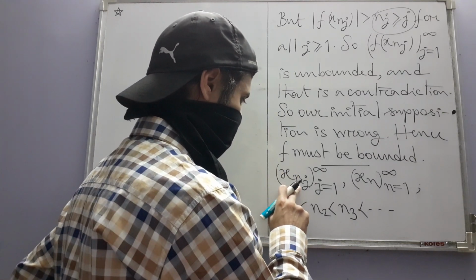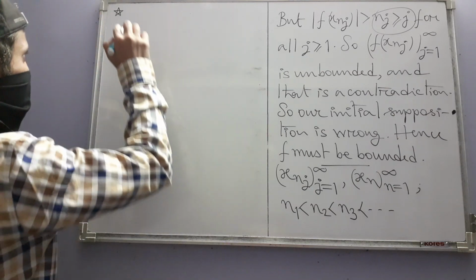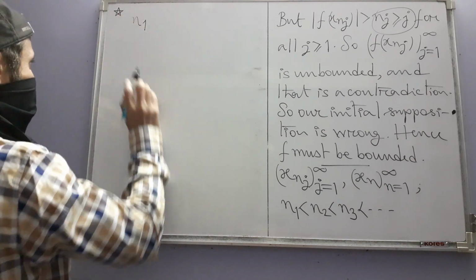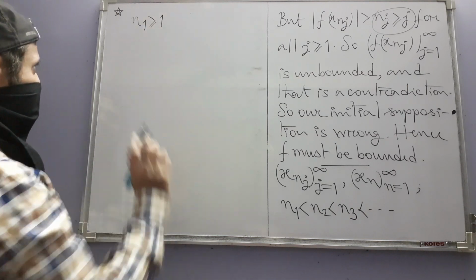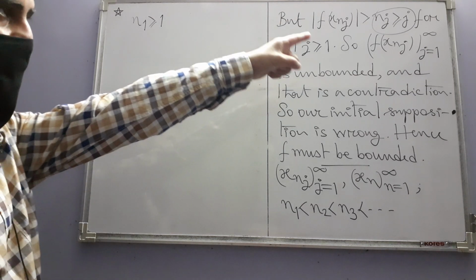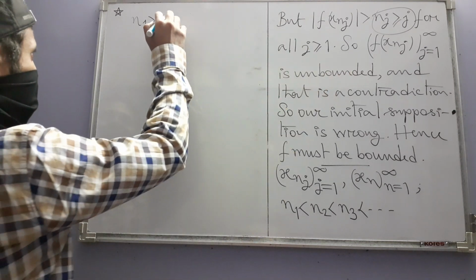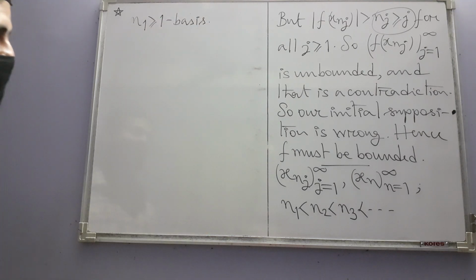But after all, any such nj is a positive integer. In particular, n1 is also a positive integer. So being a positive integer, it has to be greater than or equal to 1, which is what we are claiming when j is equal to 1. So this is the basis for our induction.